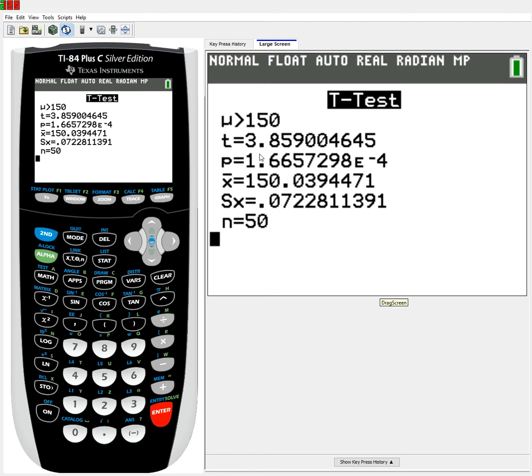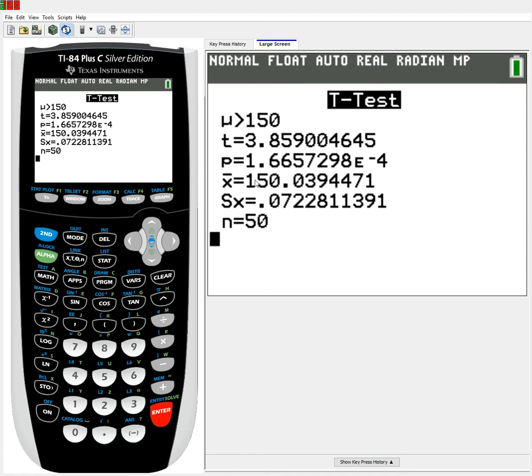So take this decimal and move it to the left 4 decimal places, because this is the same thing as times 10 to the -4th. So what this really means is 0.0001667. So 0.000166. That is far less than 1%.